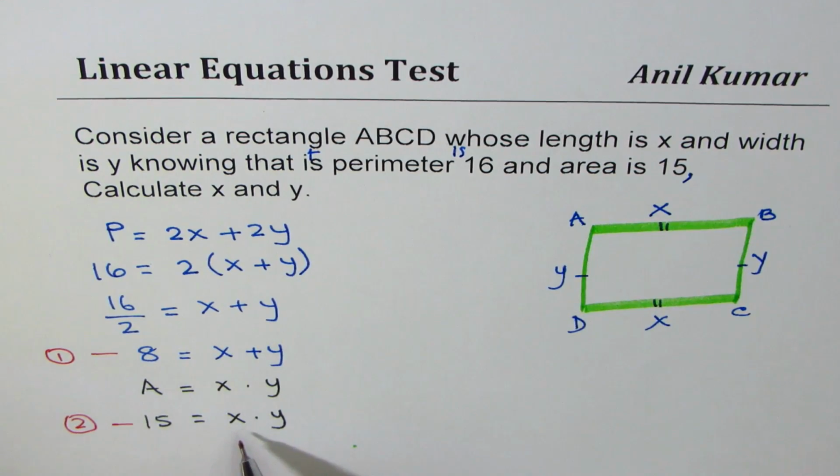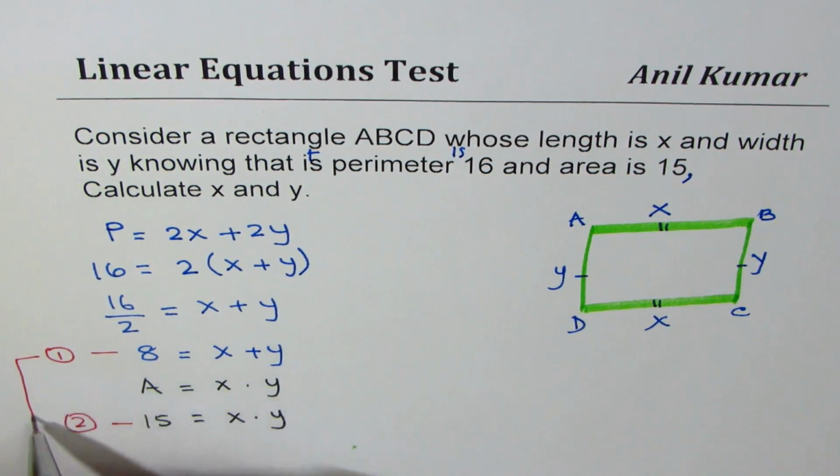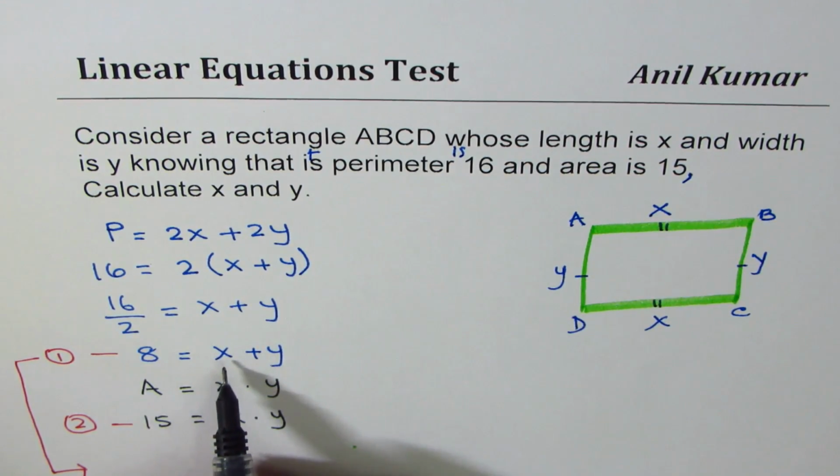Now to find the value of x or y, we need to eliminate from the given scenario. So what you could do is, you could write x as 15 divided by y, or you could also write x as 8 minus y. We'll prefer to use the second equation to write what x is in terms of y, since thereby we'll avoid fractions, right?